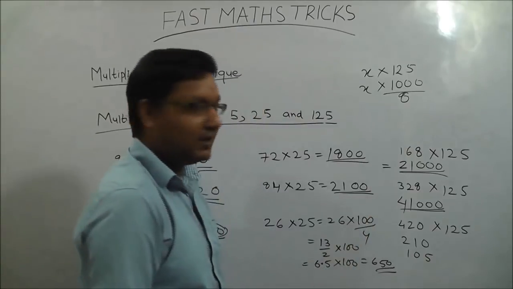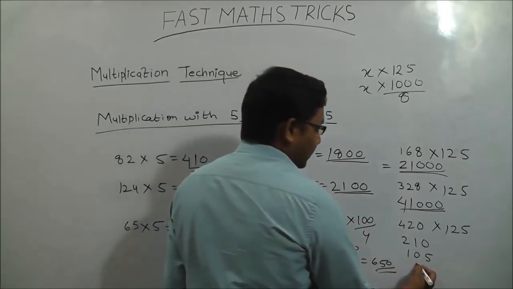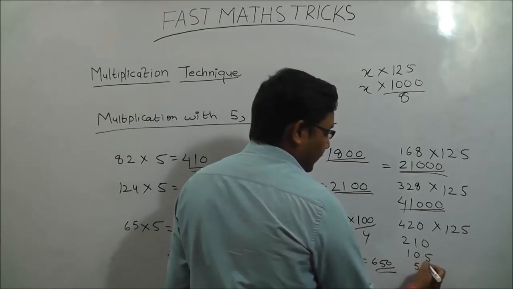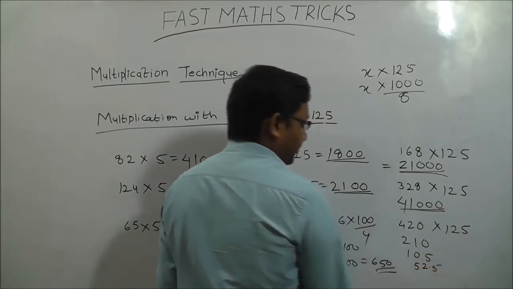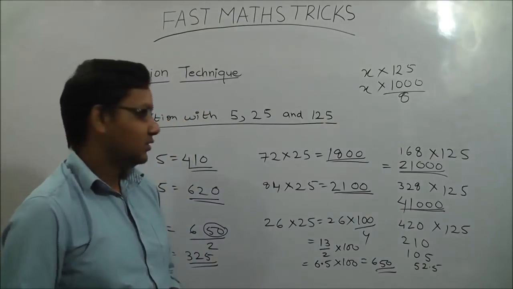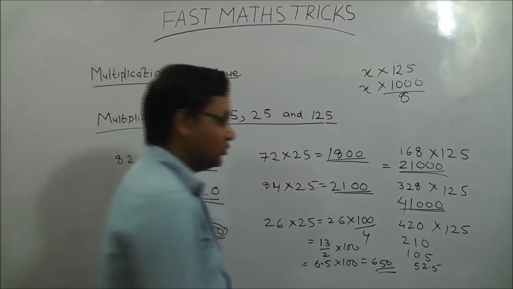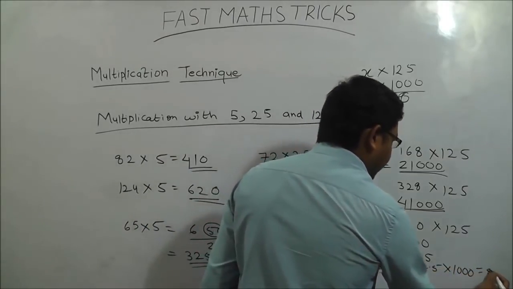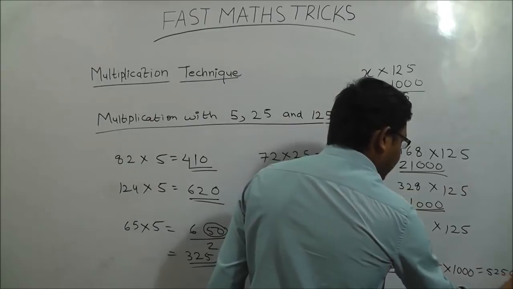And one more time we have to divide it by 2. We will get 52.5. And we have to put 3 zeros. You have to multiply it by 1000. So how much will you get? 52,500.